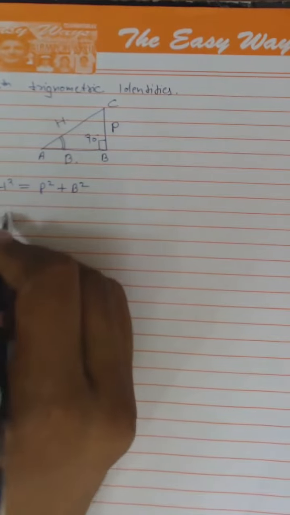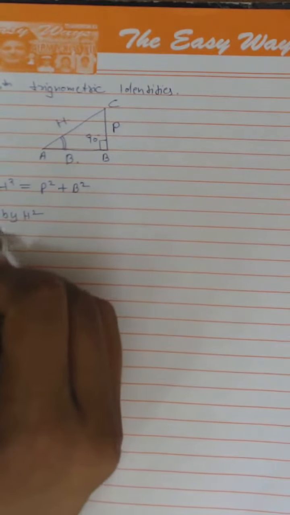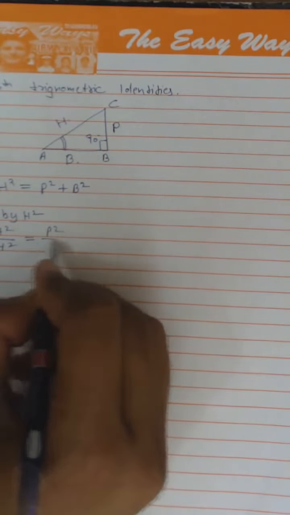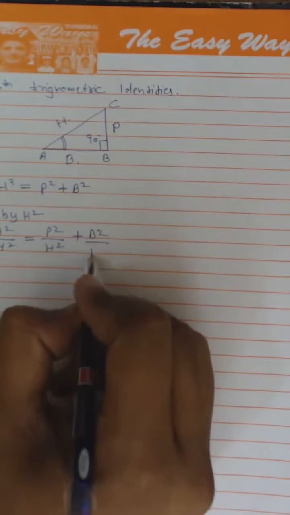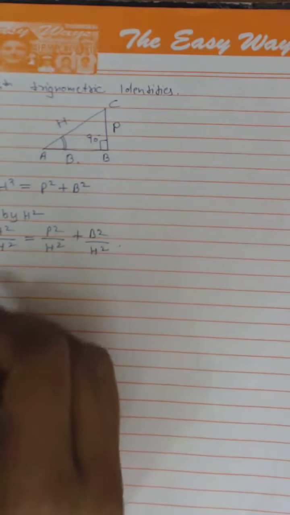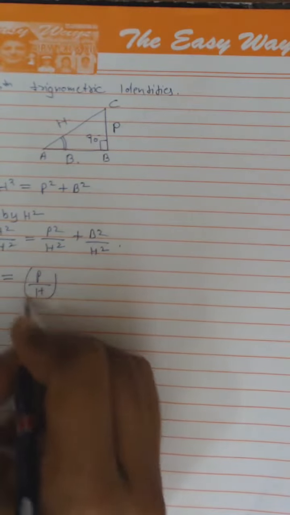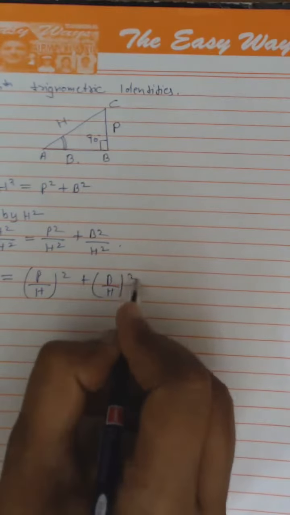Suppose we divide the equation by h square. So h square divided by h square, p square divided by h square, and b square divided by h square will give you 1 equals p over h whole square plus b over h whole square.